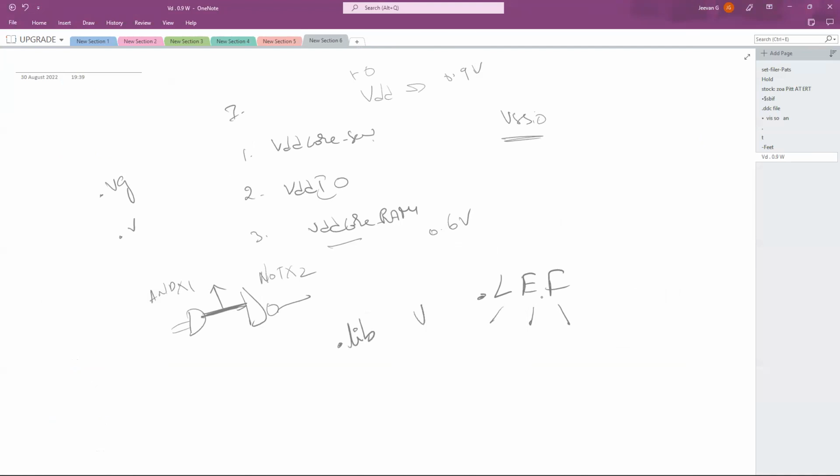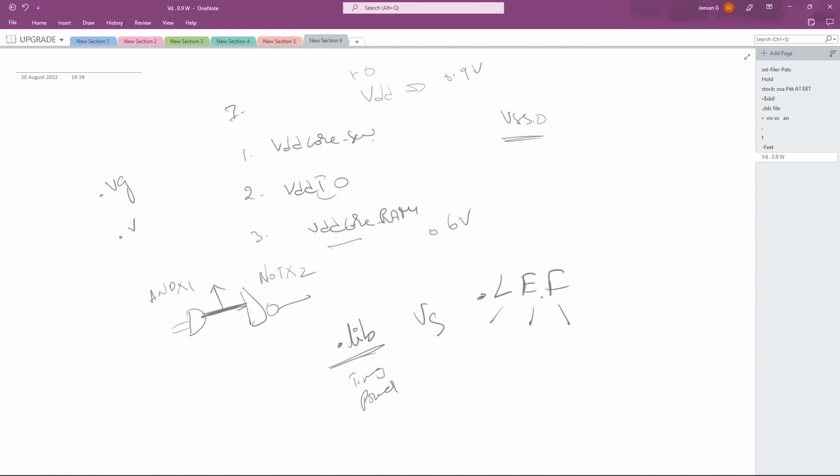Dot lib versus dot lef. Dot lib gives the information with respect to the timing of a particular cell, power related values. These are the technical, the logical things.